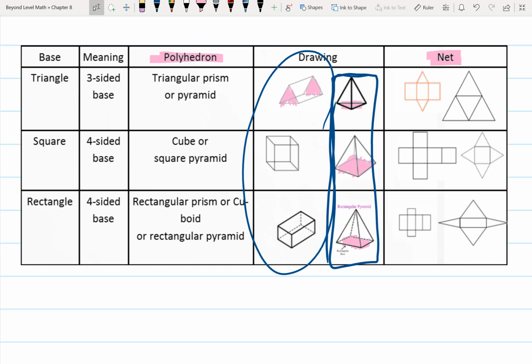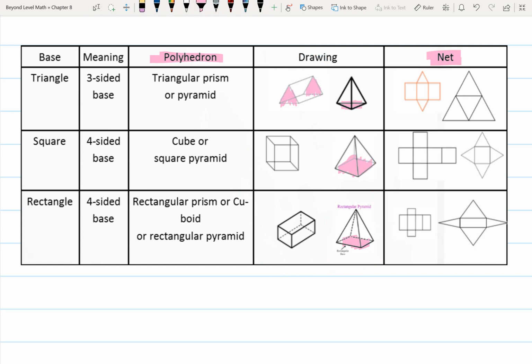The other thing that I want to point out is, especially look down here, with this square pyramid and cube. If we put this square pyramid inside of this cube, and again, my drawing is not going to do it justice, this pyramid takes up about 1/3 of the space of that cube.